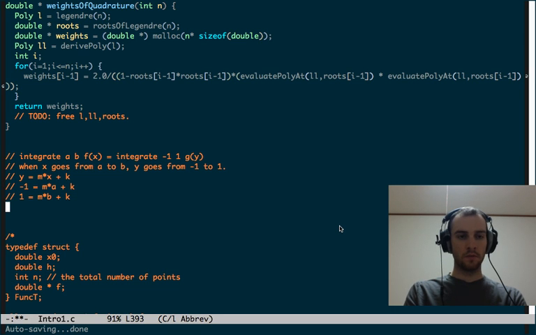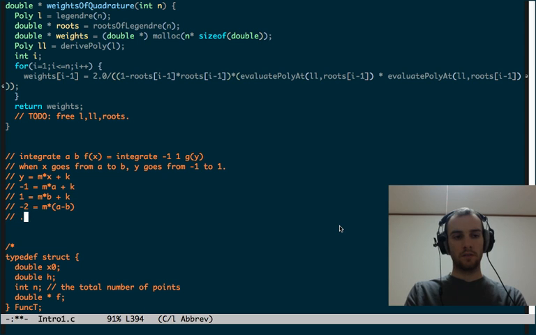So if you subtract the two equations, you get minus 2 equals m times (a minus b), and then the k's cancel. So from this equation, we get that m equals minus 2 over a minus b, which is just 2 over b minus a.